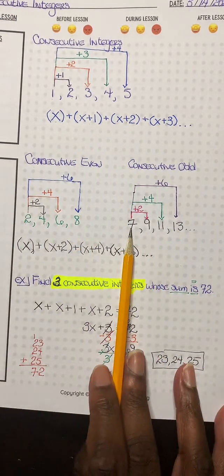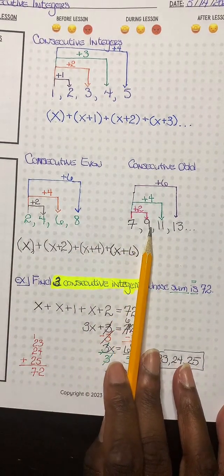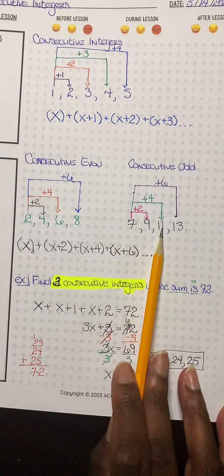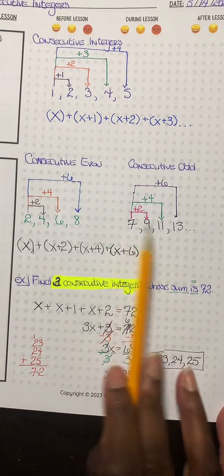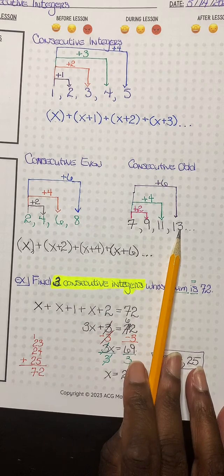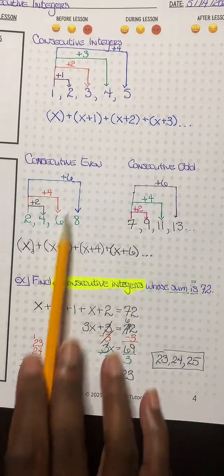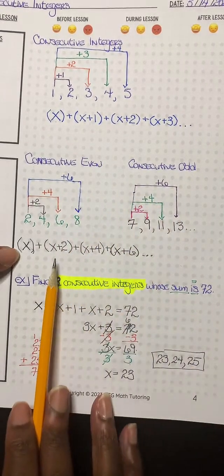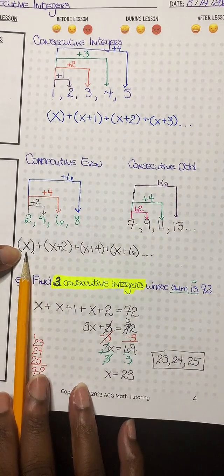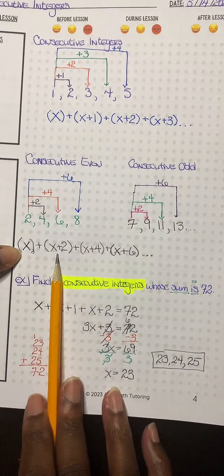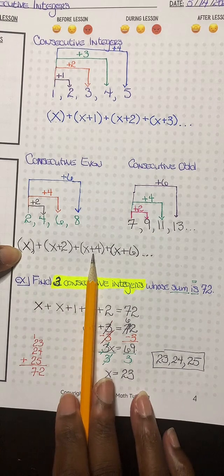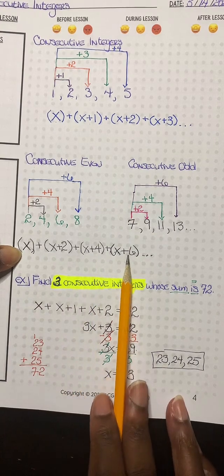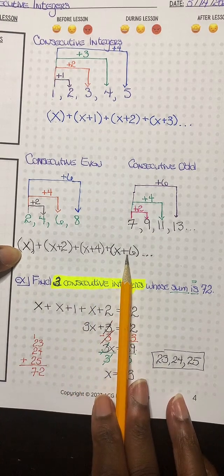Same thing's happening with the odds. For me to get from 7 to 9, add 2. 7 to 11, add 4. And 7 to 13, add 6. So that's why consecutive even or consecutive odd is always going to be x is your first term, x plus 2 is your second term, x plus 4 is your third term, and x plus 6 is your fourth.